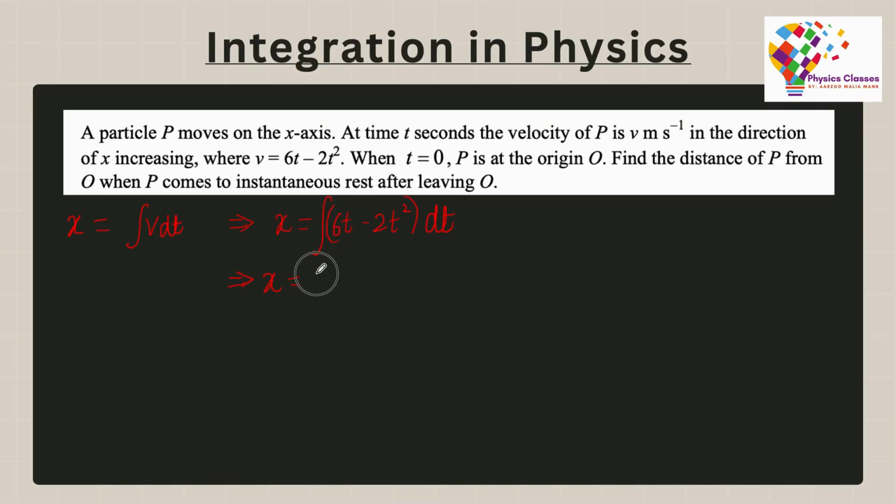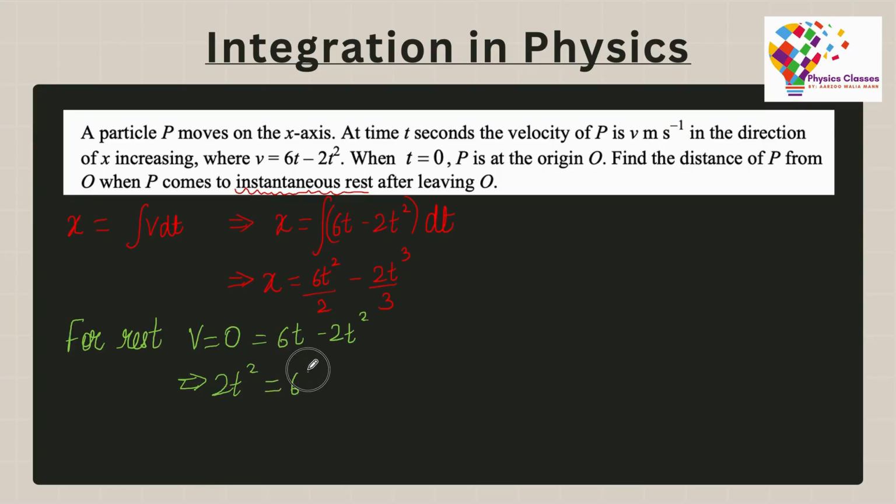Now we want to find the distance at the time when instantaneous rest has been achieved. Instantaneous rest means that the velocity has to be 0. So using the velocity function, I can figure out at what time my velocity comes to 0. I substitute v as 0 and I get 0 is equal to 60 minus 2t square. So 2t square is equal to 60, or t is equal to 3 seconds. So at 3 seconds, my velocity was 0, or the object was at instantaneous rest.